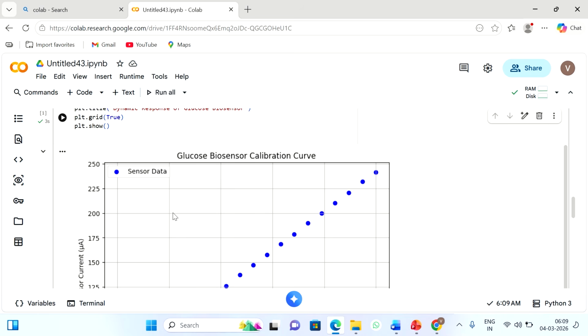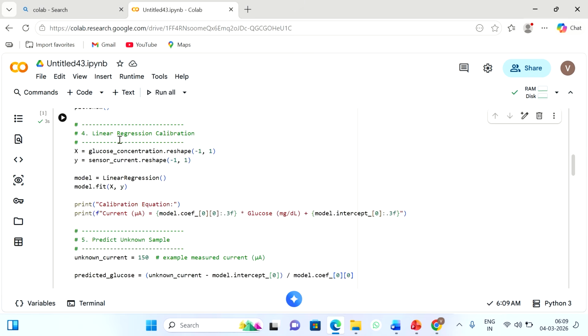So this lecture is how to simulate blood glucose level measurement using biosensors.